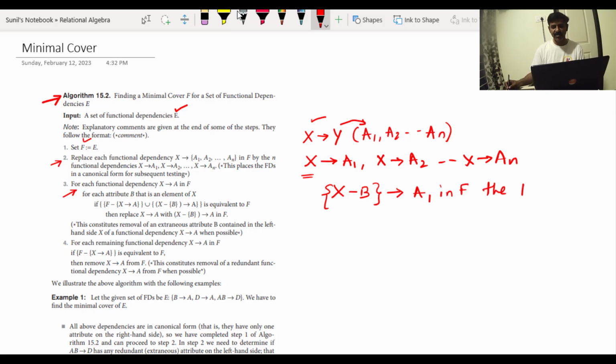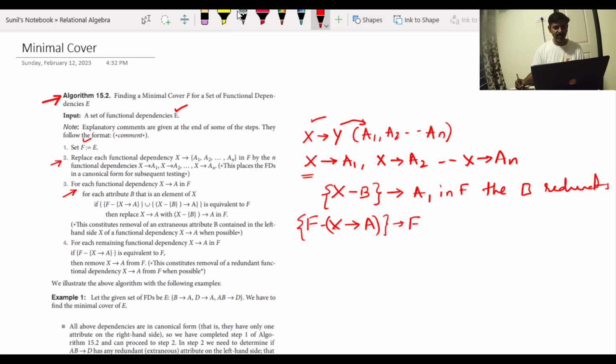You have to reduce the number of attributes on the X side as much as possible. The second thing is, if the functional dependency X arrow A itself can be removed, that is, if F minus X arrow A is equivalent to F, then we don't need X arrow A.